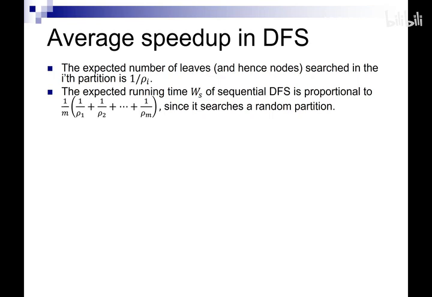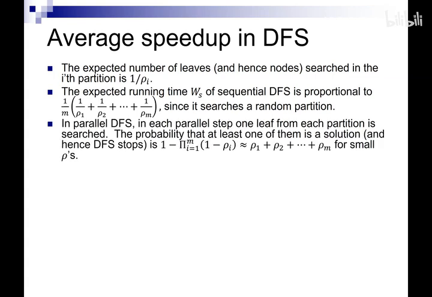The reason this is true is that the sequential algorithm takes a random partition, and if it picks the ith partition, the expected number of leaves it needs to search through is 1 divided by rho i. So the expected time for the sequential algorithm is just the average of all of these values, because it picks a random one of these partitions, and each partition has its own search time.